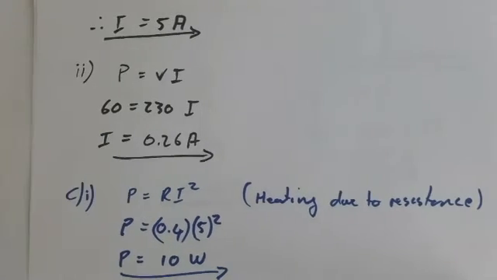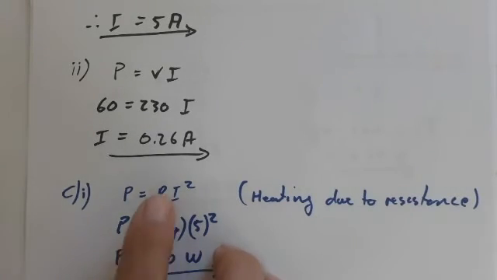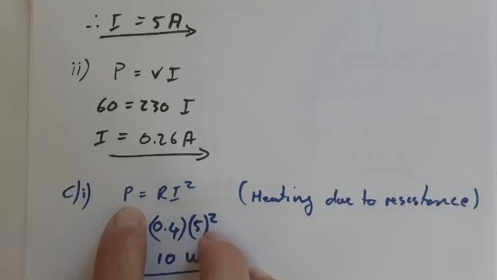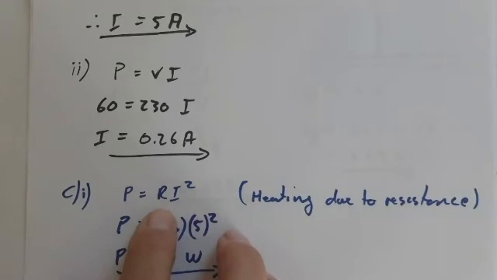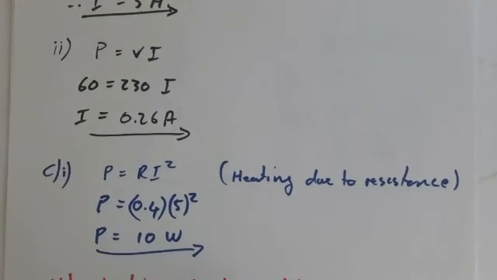What is important is that as soon as they talk about the heating effect, it's mostly the power lost due to the resistance of a conducting wire. So heating always refers to this ratio. The potential difference doesn't matter, but the current flowing through that resistor of a specific resistance does.